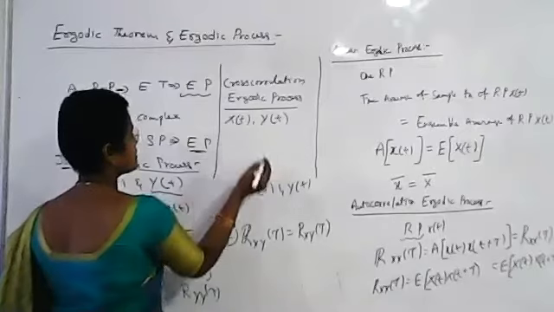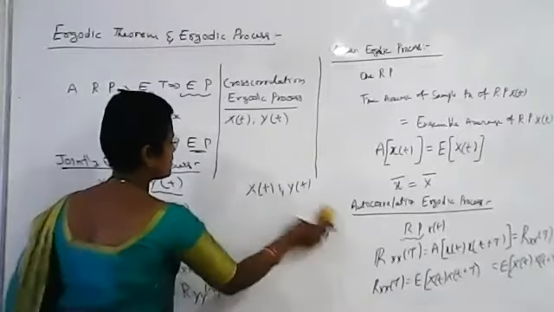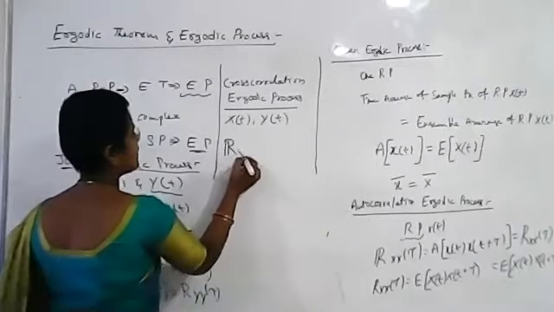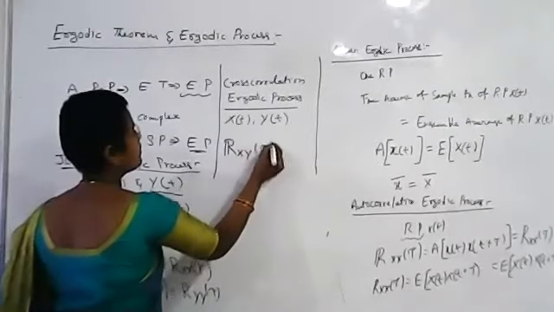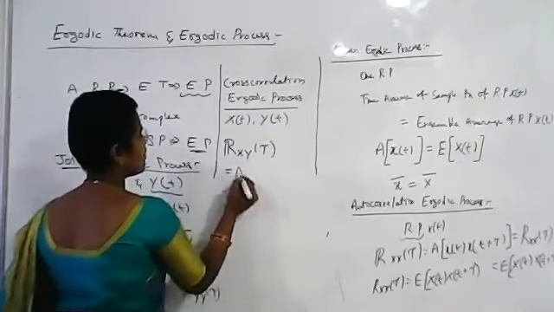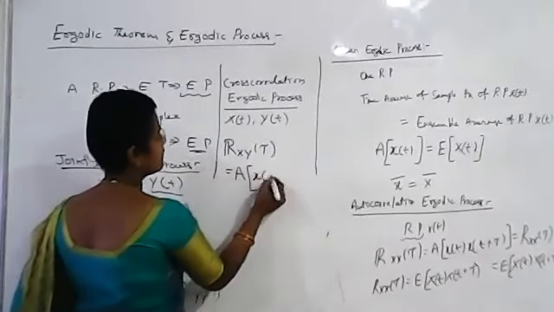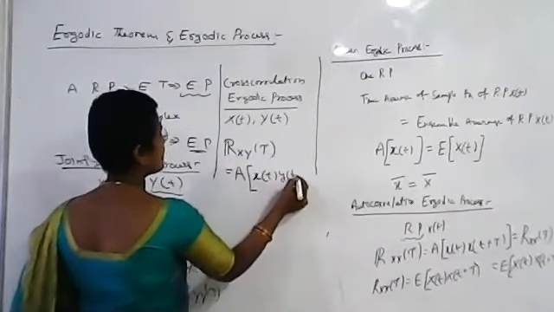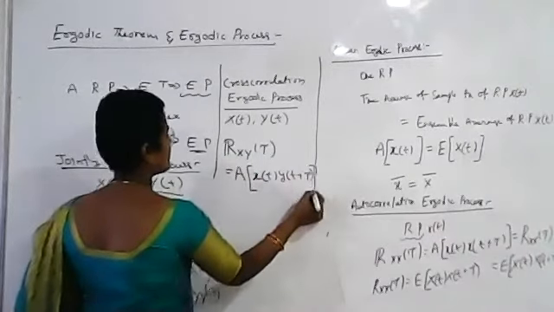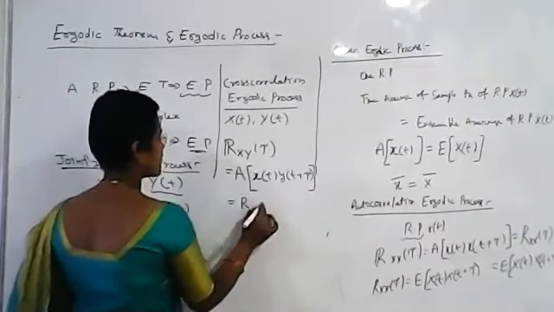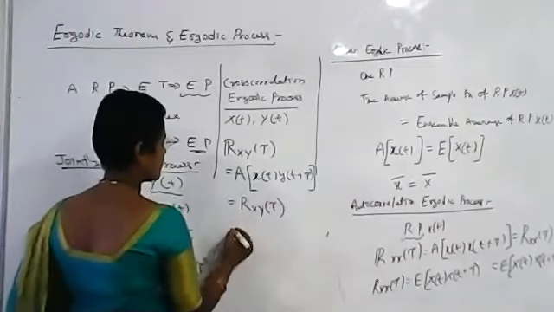That is, what is the time cross correlation? How do you write it? We write it as Rxy of tau is equal to what? A of x of t, y of t plus tau, the time average. It is equal to Rxy of tau. It is equal to what?